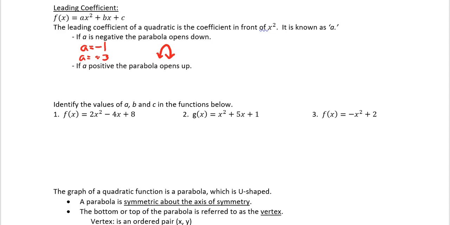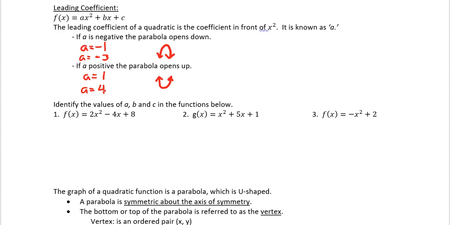Anytime a is negative, your parabola will open down. If a is positive, the parabola will open up, like the first picture that I had on the graph. So examples of that would be if a is +1 or if a is maybe +4. A can also be fractions, just to let you know.